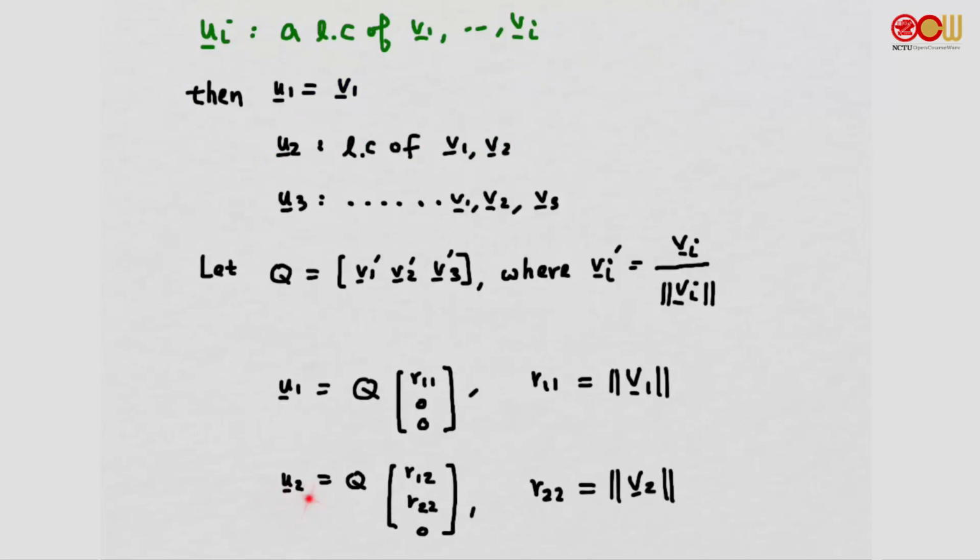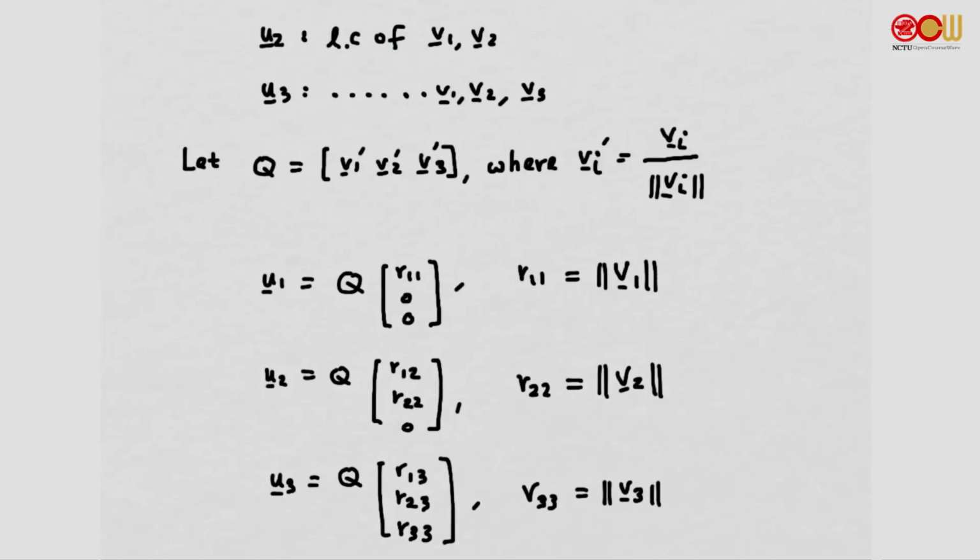Similarly, u2, when we write it as a matrix vector product like this, only the first two elements are non-zero and the last one is 0, and r22 is the norm of v2. u3 is a linear combination of all three vectors, so we put down r13, r23, r33 for some scalars, and r33 is the norm of v3.